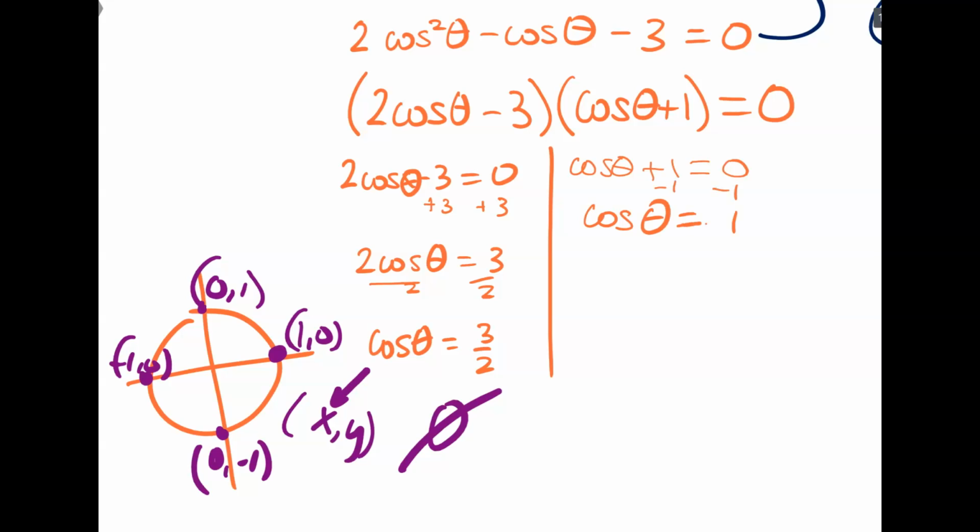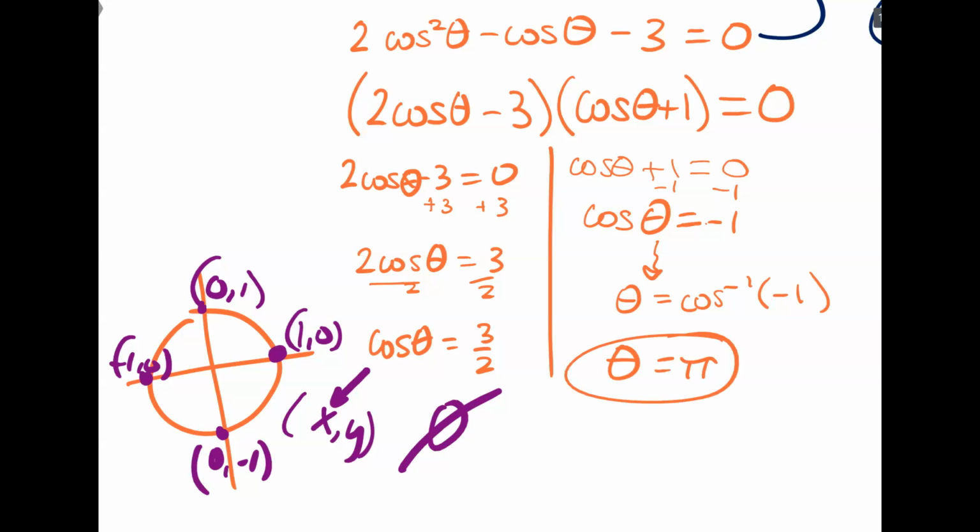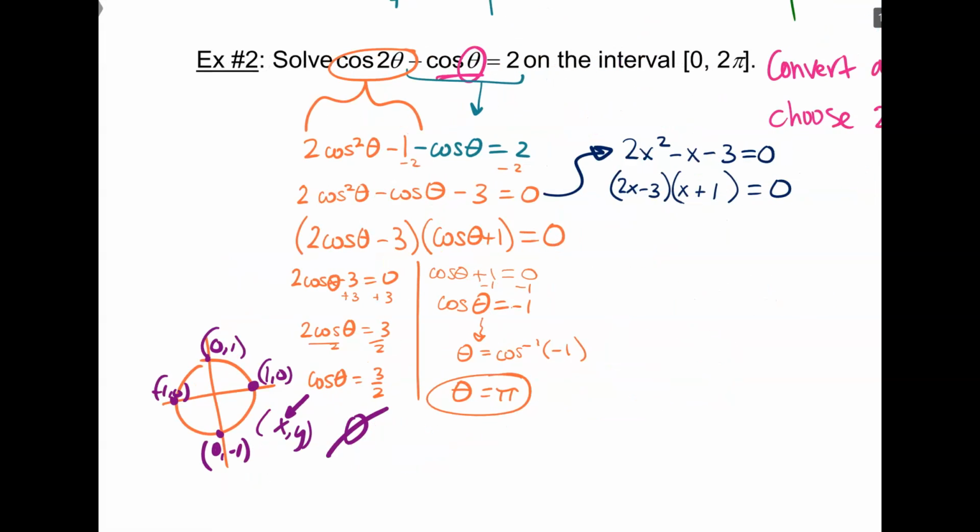All right, cosine of theta equals -1. So where is my x equal to -1? So what I'm verbally doing is the inverse. I'm saying, what angle is cosine going to be -1? Pi. And it just says on the interval, so cool, I'm done. I don't have to add plus 2 pi n because I'm only on the interval.